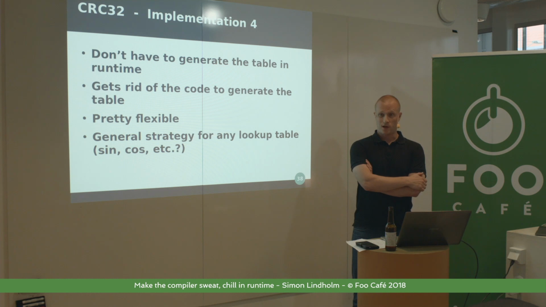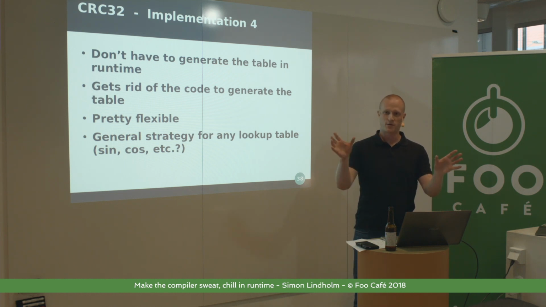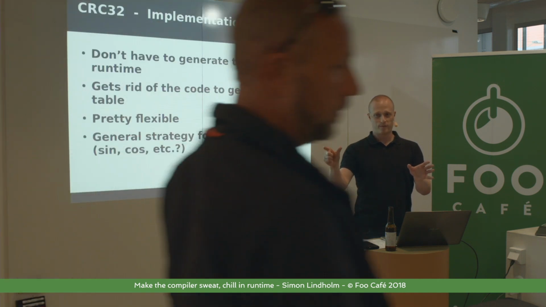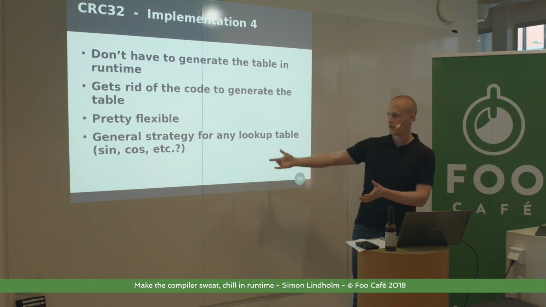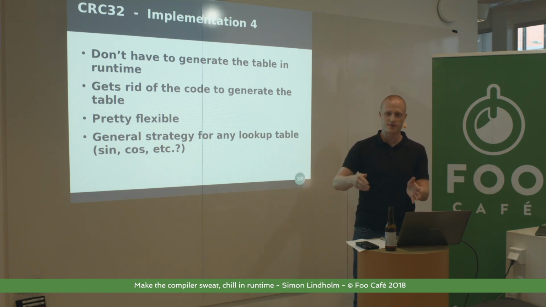Depends on what you're looking up, I guess. Of course, it's going to be a trade-off. I think in general, the cost of looking up a value in a table is quite small. So of course, if you have a very small function call, that might in some cases be faster, but in this particular case, and if you have a sine or cosine or whatever, it's definitely going to be faster to look up in a table, unless the table is huge.